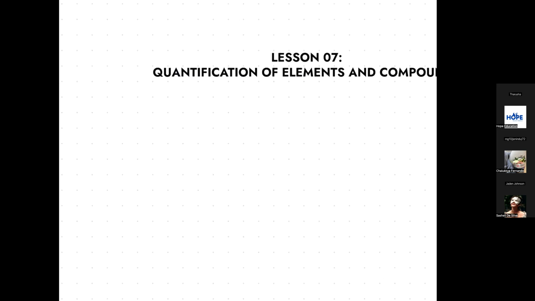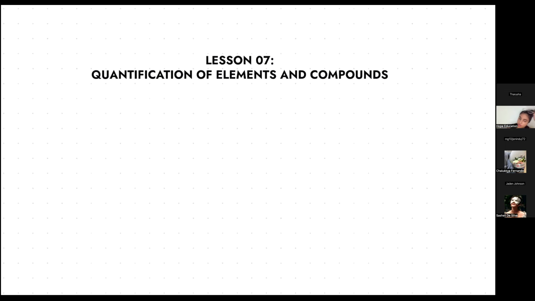Okay, so I have a question before we start. What do you think is a suitable unit to measure elements and compounds? What do you think is a suitable method? Do you think kilograms would be okay? Kilograms?